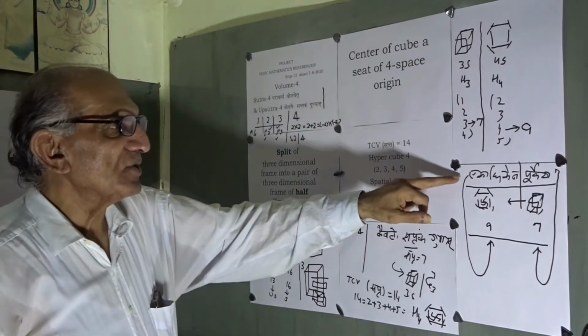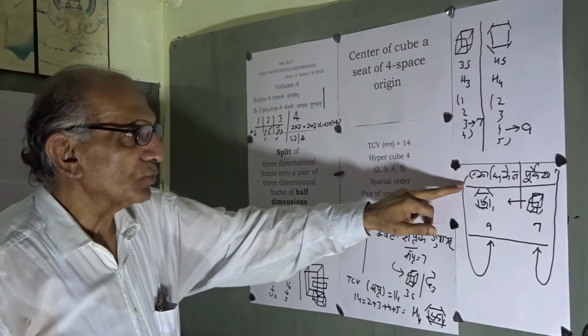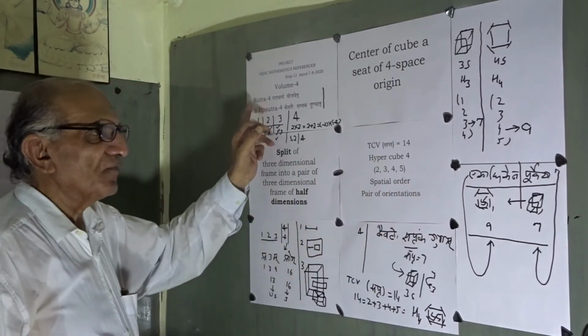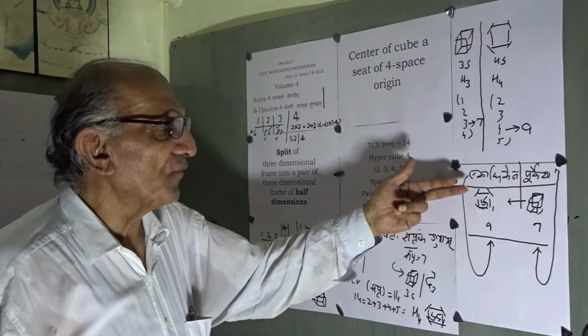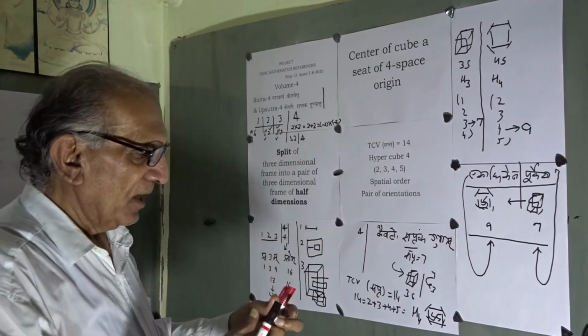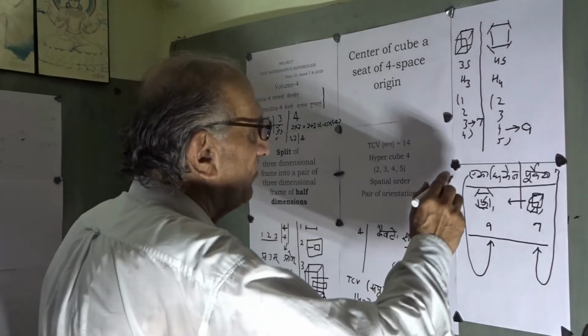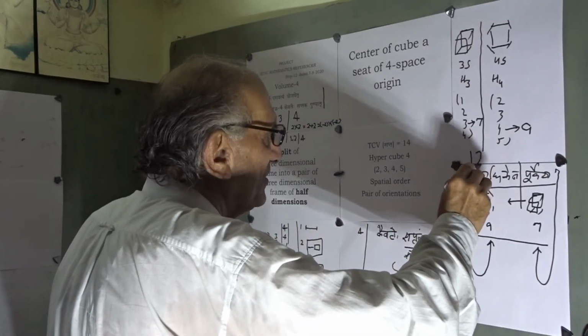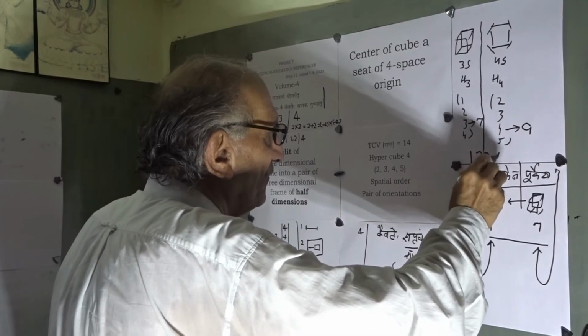Here at volume 4 we will be having its fourth unfolding, and this fourth unfolding would mean the first letter, then the second letter, third letter, and the fourth letter.